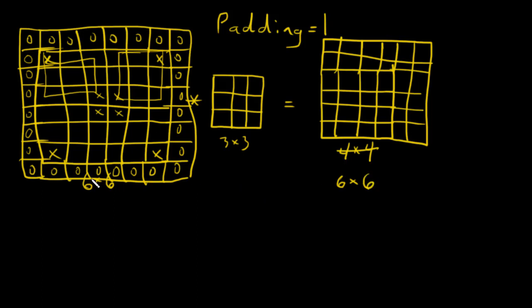So I started off with a 6 by 6 original image. I convolved it with a 3 by 3 filter, and by adding padding 1 to the original image, my resulting matrix is also 6 by 6. So it allows you to preserve your original dimension of your image, which can be a nice thing.